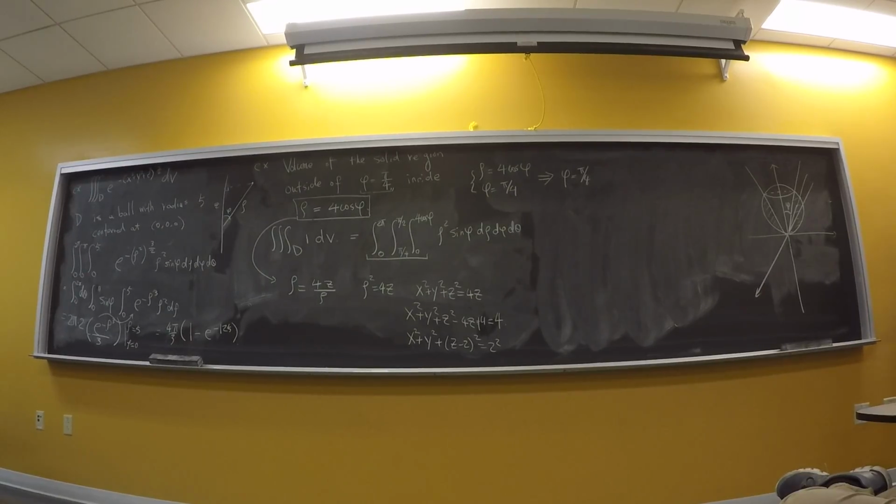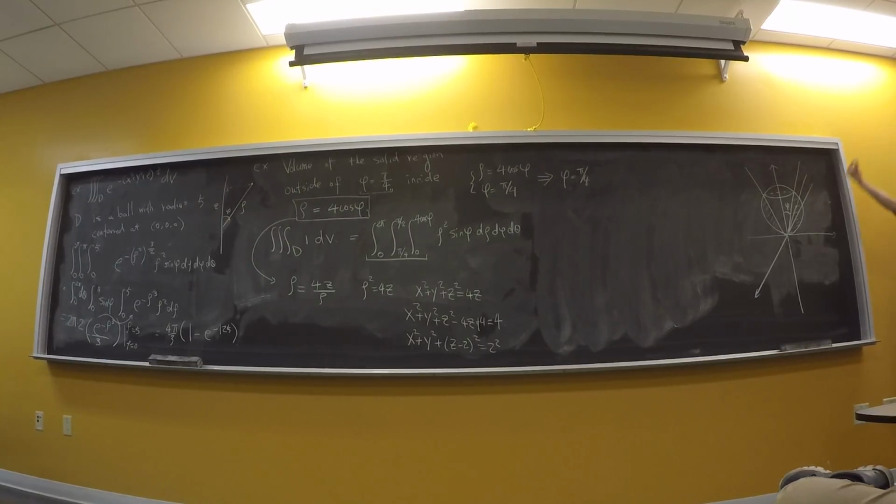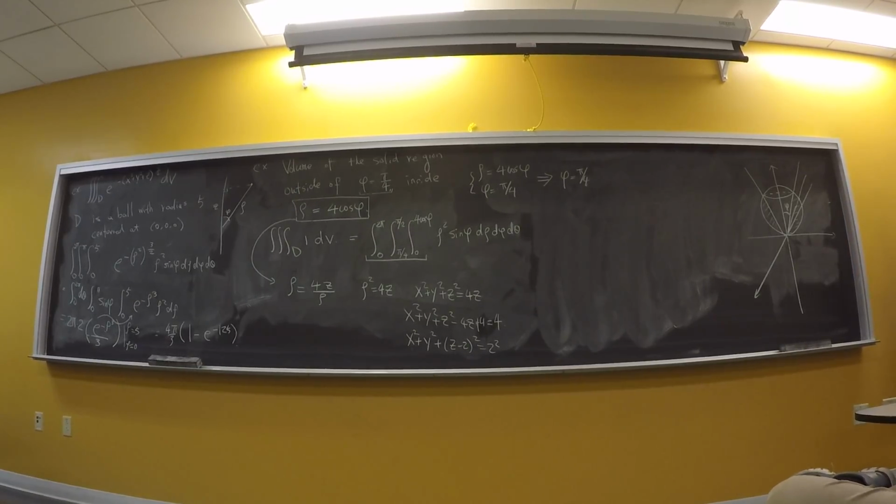I want you to have this mental picture inside, especially from the very beginning. I taught you how to understand rho, phi, and theta. Remember, rho is talking about distance; varying it, you can go near the origin or further from the origin. If you vary phi, you're talking about the angle formed between the ray and the z-axis, so you can go from the positive direction of z to the negative direction of z.